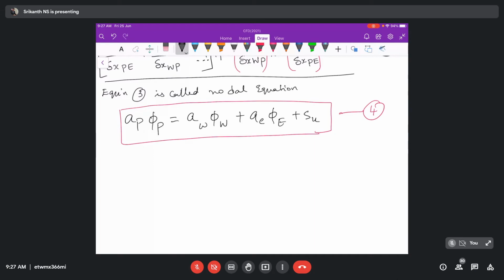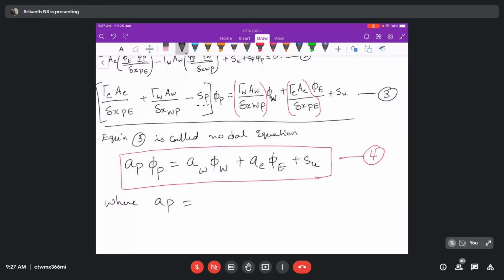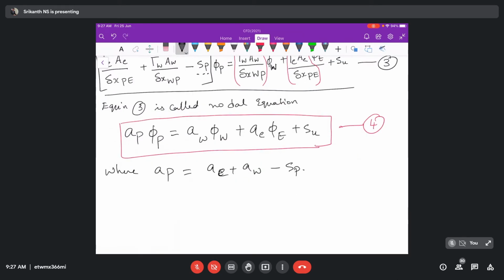You should remember where AP equal to AE plus AW minus SP, where AE equal to gamma E AE divided by delta X PE, and AW equal to gamma W AW divided by delta X WP.